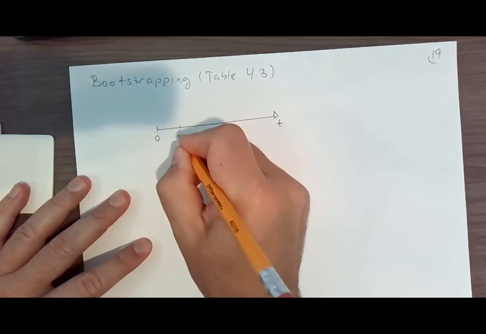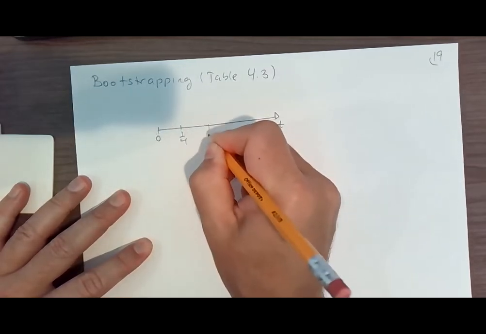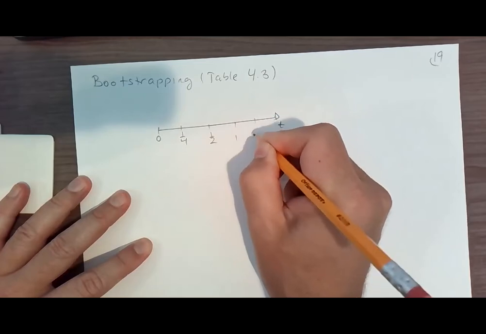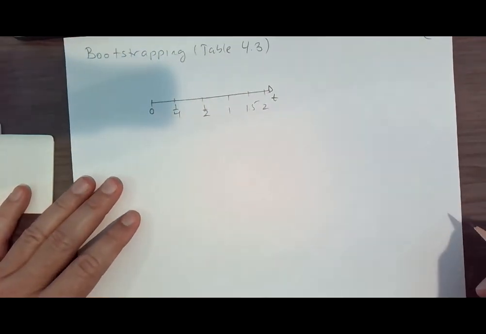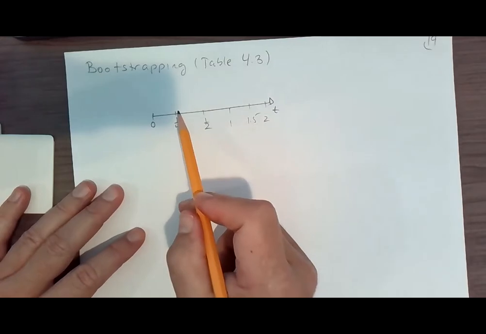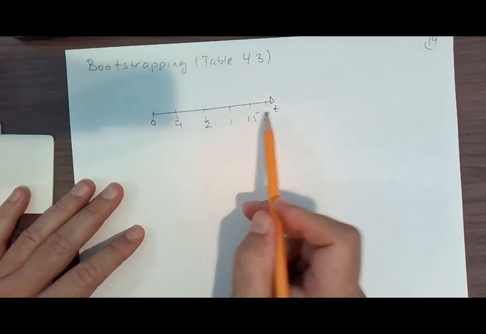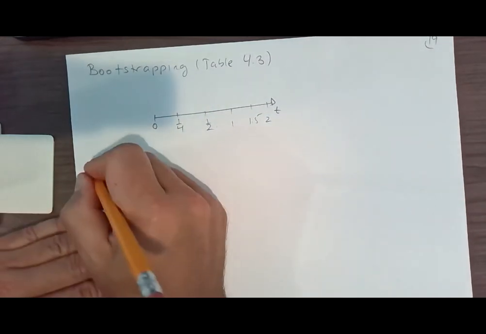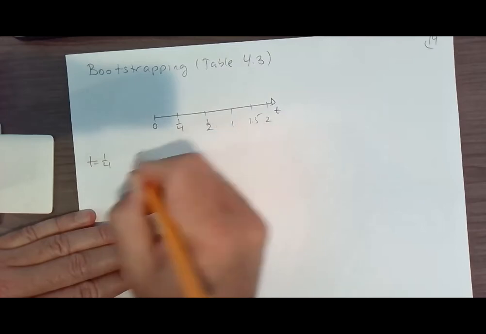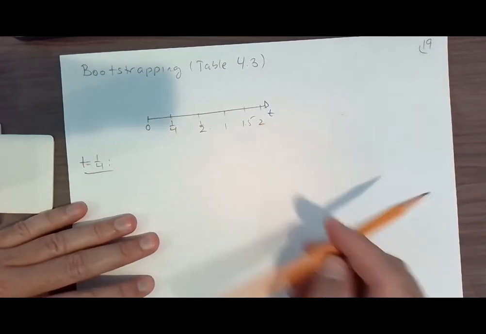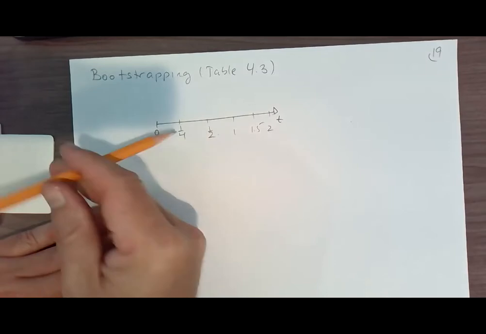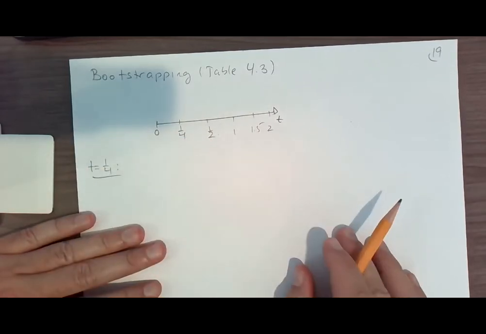So I have 0, a quarter, a half, 1, 1.5, and 2. I'm going to try to create the interest rates at these 5 time points. We start out at time a quarter. So in dynamic programming, you would go in this direction. For bootstrapping, you go in that direction.